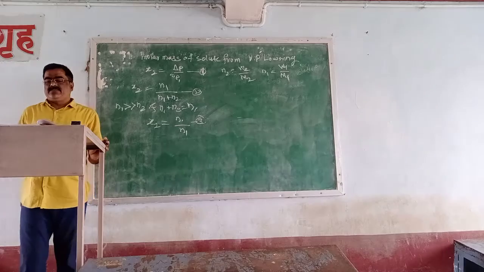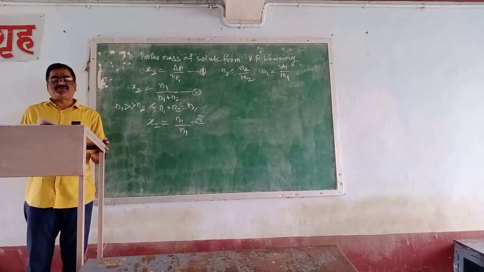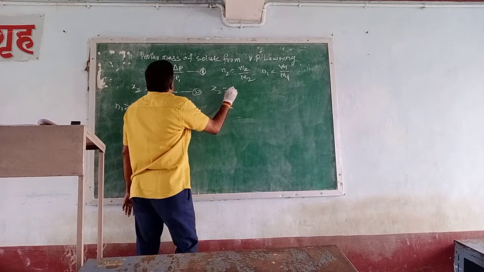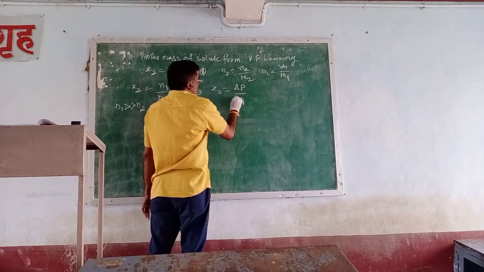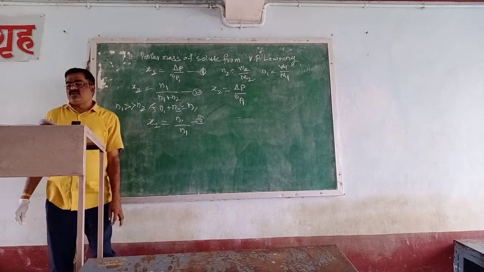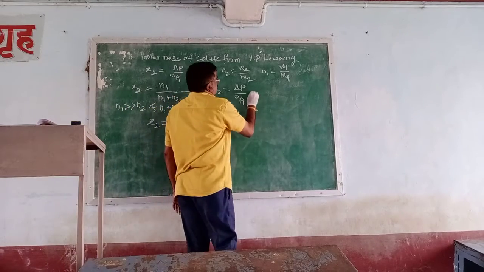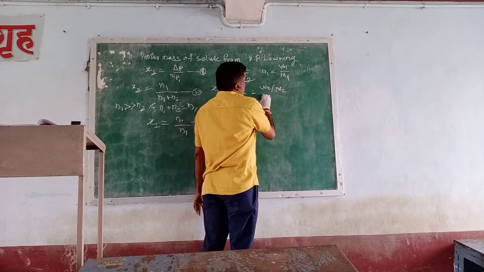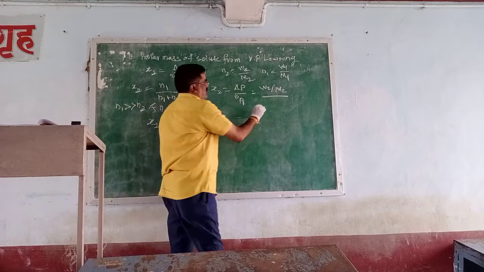Substituting the values into the above equation, x2 is equal to delta P by P1 naught, which is equal to W2 upon M2 divided by W1 upon M1.